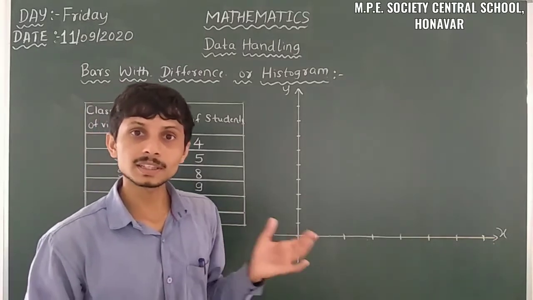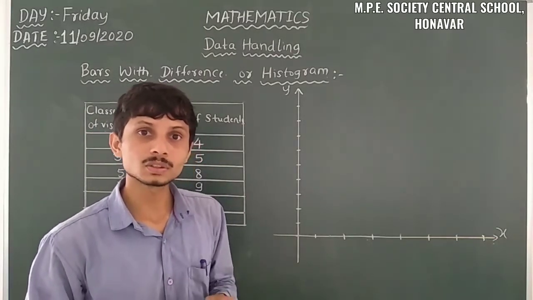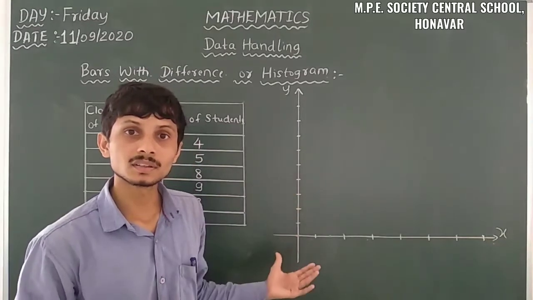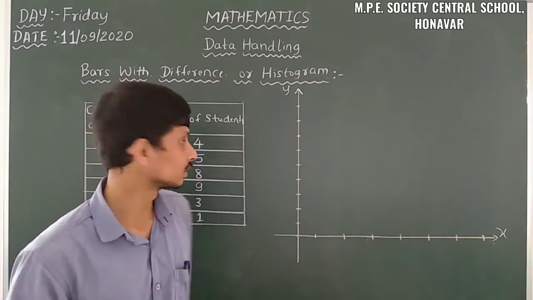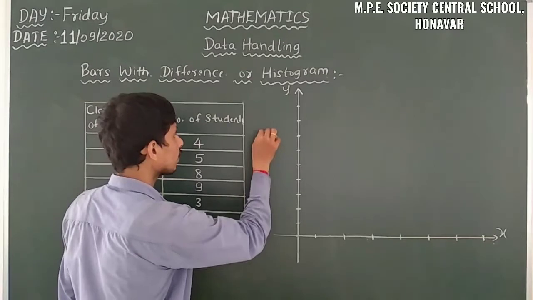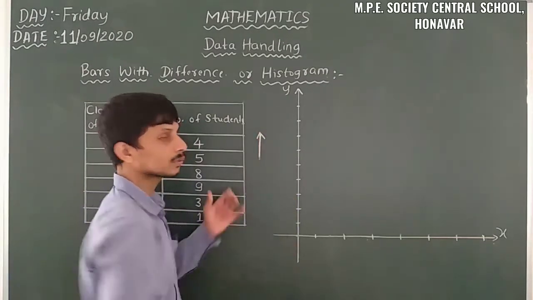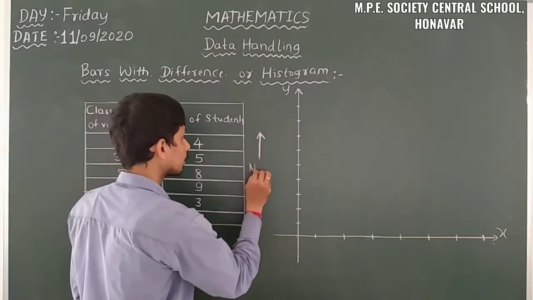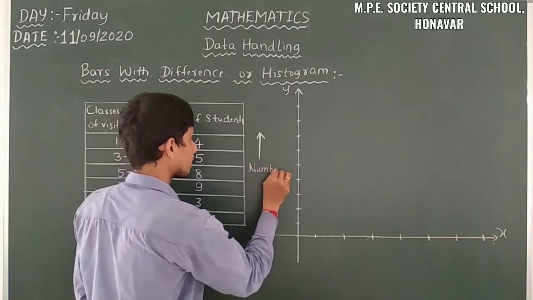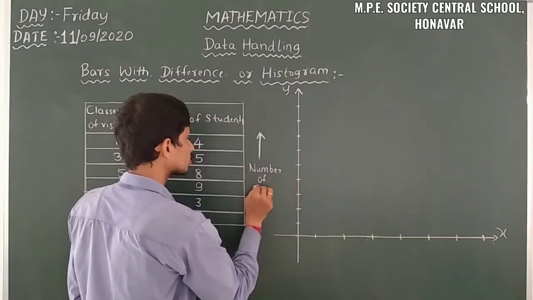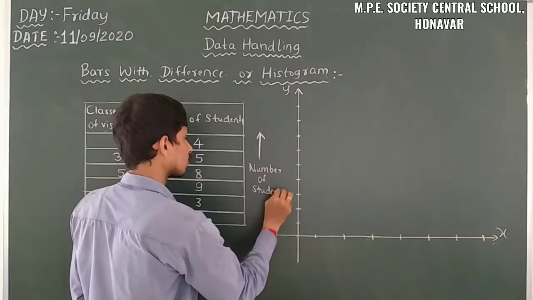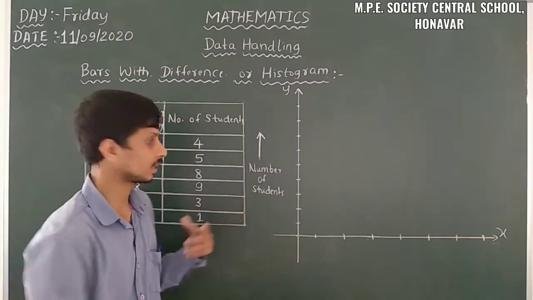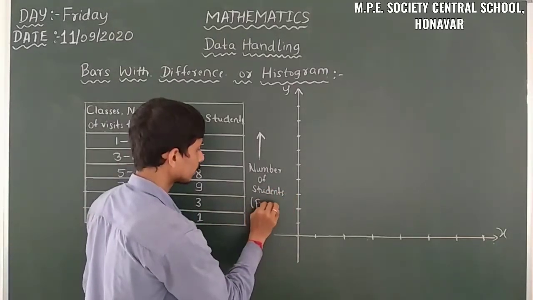Firstly, assign the y-axis and x-axis. We take the number of students here, so we represent it like this: number of students, or simply we can write frequency.